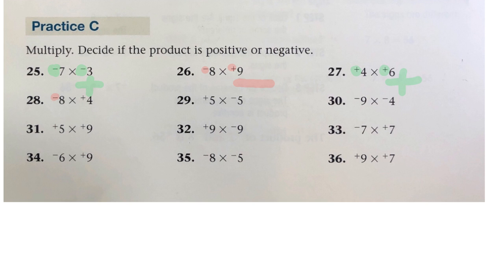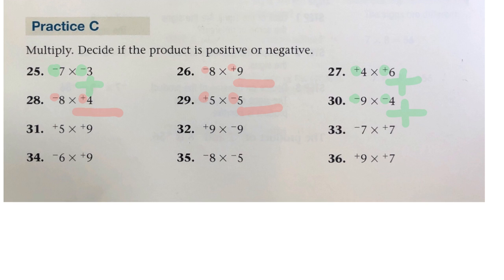If the factors' signs are different, the answer will be negative. If the signs of the two factors are different, one is positive, one is negative, then the product will be negative. We could go through all of them like that, but hopefully you can see with the color coding that if the signs of the factors are the same, the answer will be positive. And if the signs are different, one is negative, one is positive, then the answer will be negative.